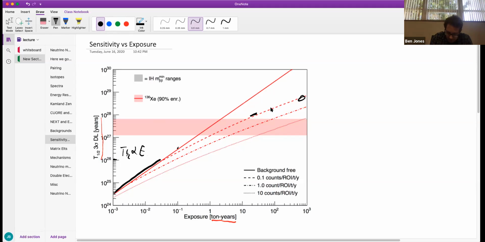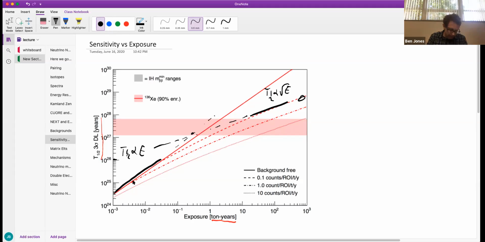Whereas up here, we're following a square root relationship. So here, t half is proportional to square root E. And somewhere in the middle, it breaks. Okay? And as I said, this general conclusion is going to be true of all low background experiments. So somewhere there's a break in the power law.